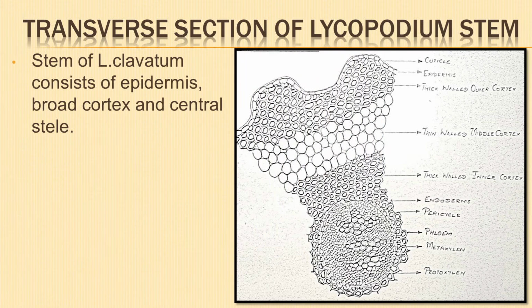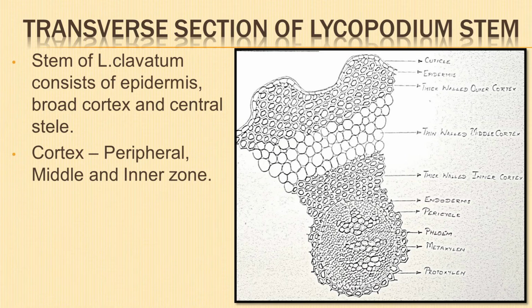Internally, the stem of Lycopodium clavatum consists of epidermis, a broad cortex and a central stele. Cortex shows three distinct zones: peripheral or outer zone, middle zone and inner zone.